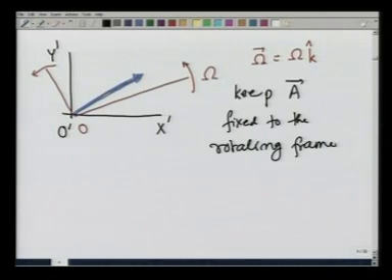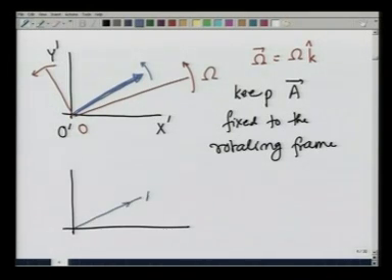If A is fixed to the rotating frame, A would also be moving with angular velocity omega. So, let us consider at two different times what is the position of A. At one time t, the position of A would be here. Let us write A of t. This is vector A, by the way. And at slightly later time, the position of the vector, if it does not change in the rotating frame, would be this.